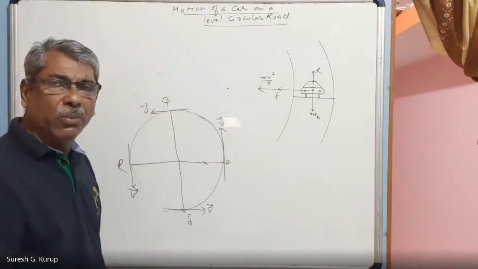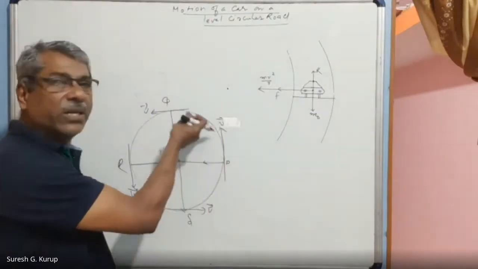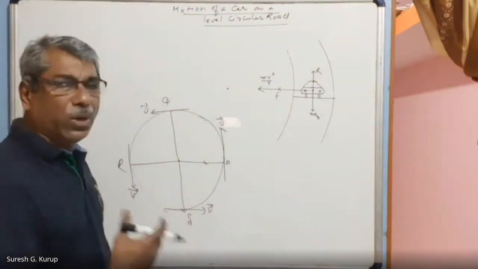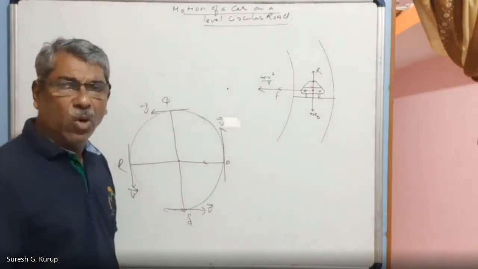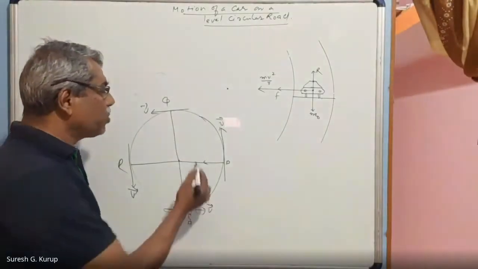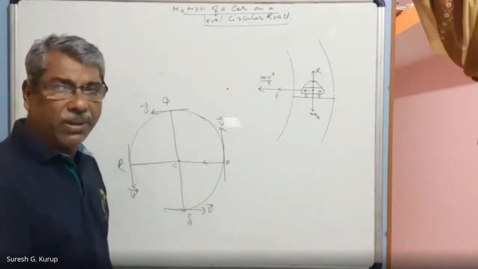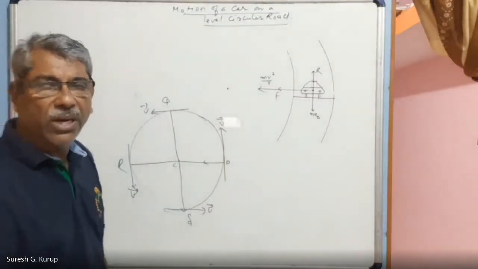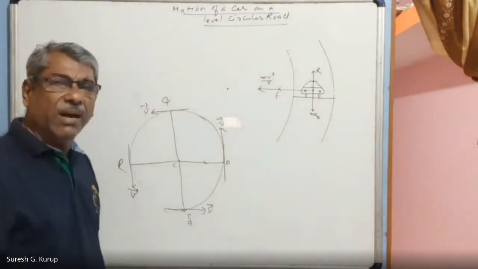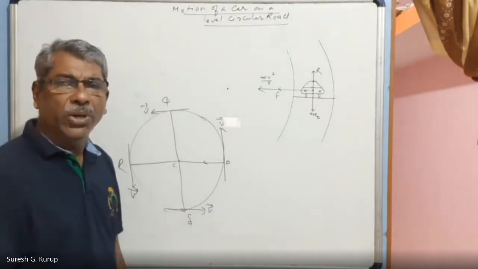In uniform circular motion, there is a force acting on the body towards the center. That is why its direction is always changing. This force is given by m v square by r, that is m r omega square, that is m v omega. The centripetal force is always acting on the body toward the center of the circular path. That's why it is called centripetal force, right? There are several examples we can cite. In every circular motion, the centripetal force acts toward the center.